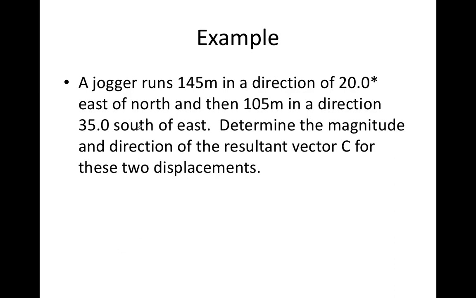So we start with the first vector. It says a jogger runs 145 meters in a direction 20 degrees east of north. That is vector A. So we sketch the north, east, south, west compass on our graph paper.